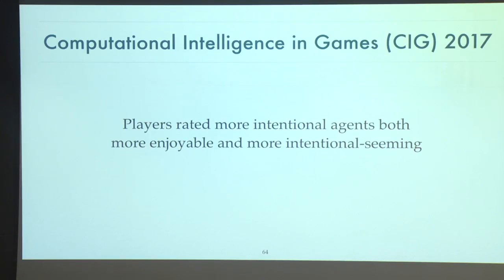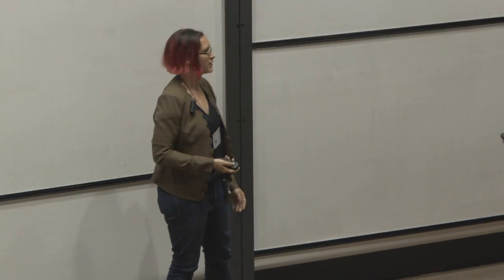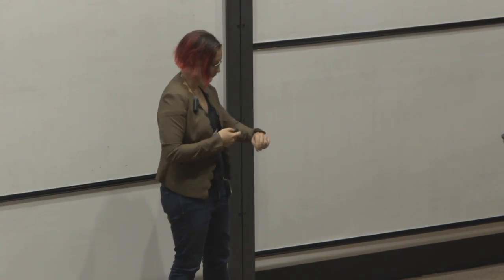And that level of enjoyableness and intentionality corresponded with the level of intentionality that we implemented. So in some ways, that shows that our computational idea of intentionality does line up with a subjective interpretation of what intentional behavior ought to look like.